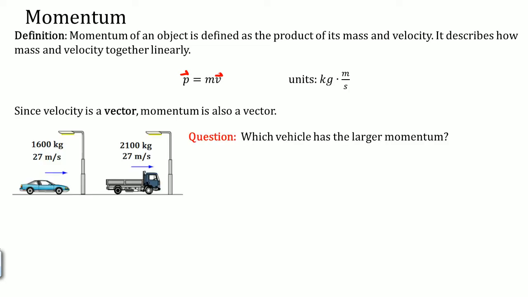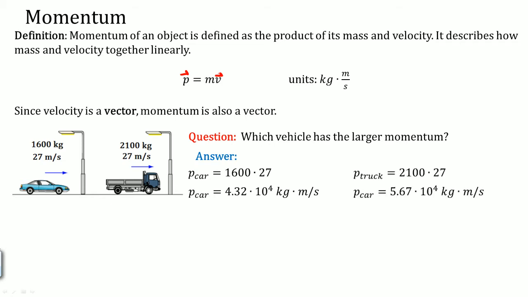So here's the question. Which vehicle here has the larger momentum, the car or the truck? The car here has a momentum of 4.32 times 10 to the fourth kilograms meters per second, and the truck has a momentum of 5.67 times 10 to the fourth kilograms meters per second.